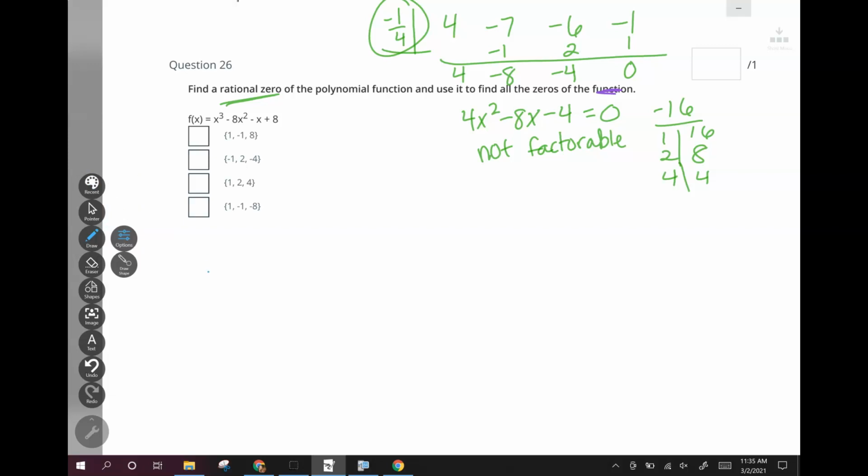However, you can also get the answer very quickly just by using grouping on this one. Okay, so you can use grouping to get the answer, but make sure if the question tells you explicitly to find a rational zero, then make sure you are showing your synthetic division on your work.